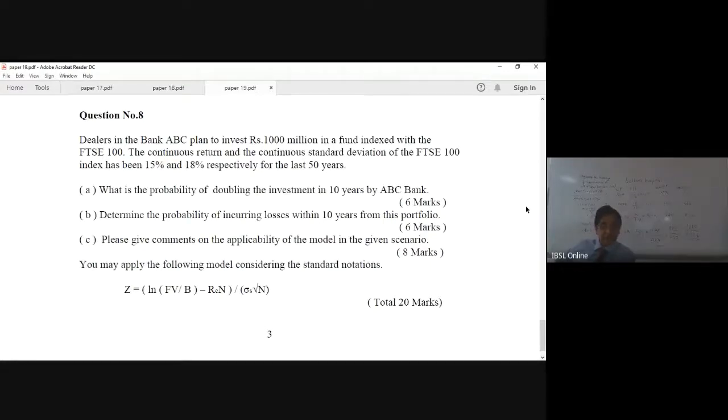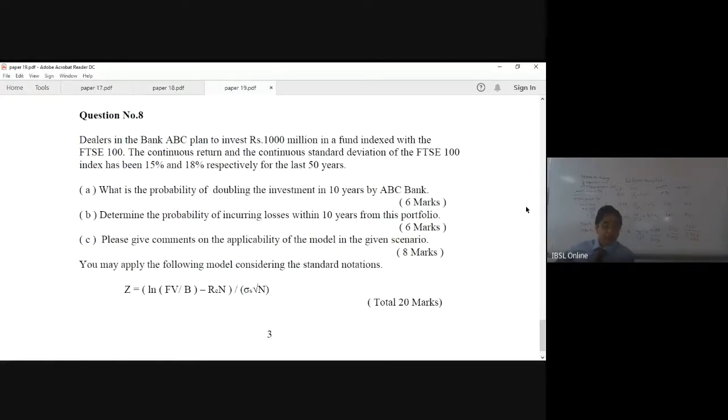The continuous return and the continuous standard deviation of the FTSE 100 index have been 15% and 18% respectively for the last 50 years. They did a calculation and some observations with regard to the past history, and found that over the last 50 years, the FTSE index return and standard deviation had recorded average values of 15 and 18 respectively.